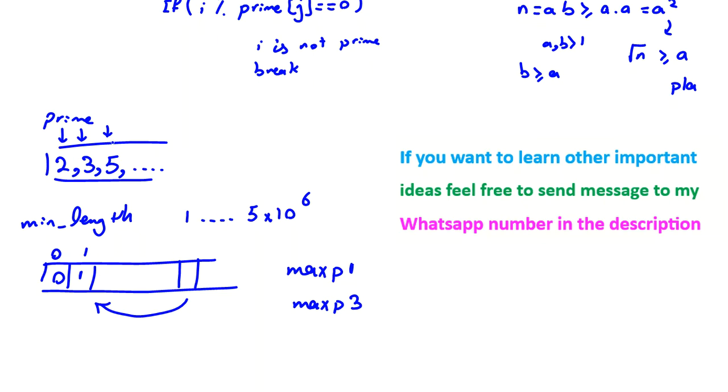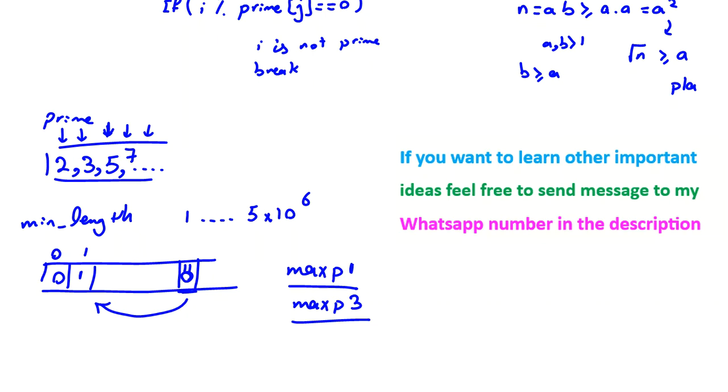When you consider it like this, you should move this pointer. If, for example, here we reach a greater number, such as 11, you should move this one to 7, and update maximum p1, p3. So when you reach a number, you know what maximum p1, p3 is, and you can find the minimum length. Okay?